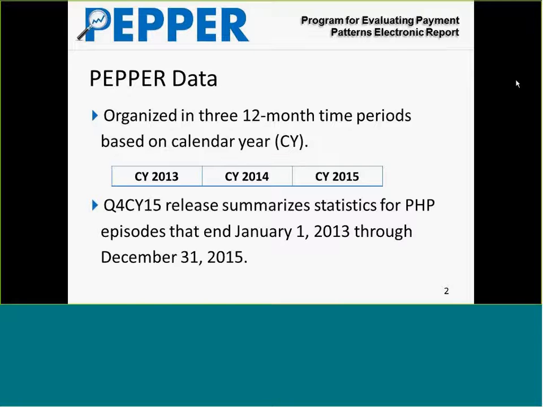So you might notice slight changes in the numerator or denominator counts from one release to the next, and that would occur if there were late claims submitted or adjusted claims, that type of thing. The numerator and denominator counts might change just a bit, and you also might see percentile values change slightly from one release to the next.